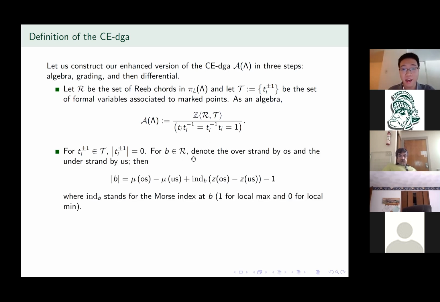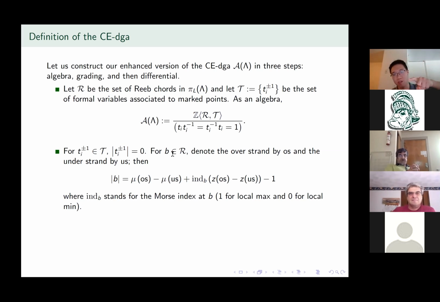Okay, and then for a Reeb chord, right? For each Reeb chord, it's a crossing inside the Lagrangian projection. So if you look at the real Reeb chord, there are two strands, right? And in particular, one has a higher z value and one has a lower z value. So we'll call the higher one the overstrand and the lower one the understrand. So the degree is computed as the difference of the Maslov potential on the overstrand minus the understrand, plus the Morse index at, so you first take the difference, the height function, and you compute the Morse index at this critical point, right?